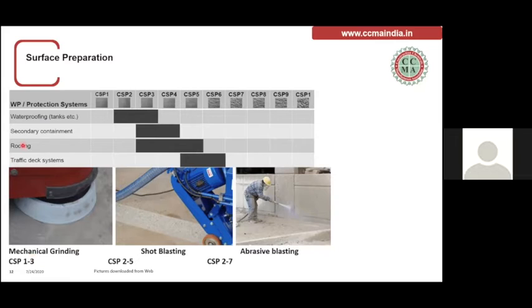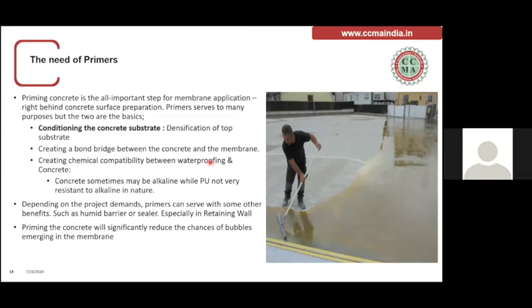For roofing applications you have slightly more flexibility, from 2 to 5, and for trafficable decks or a car parking system, we actually require a CSP5 and above. So the need for surface preparation changes with the requirement, but for thin films, a good surface preparation is a must.